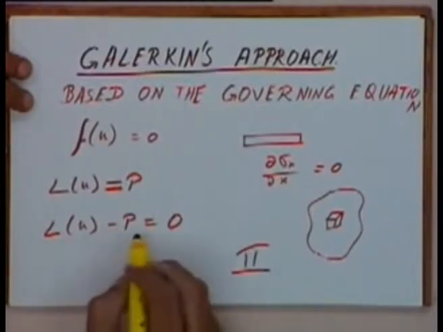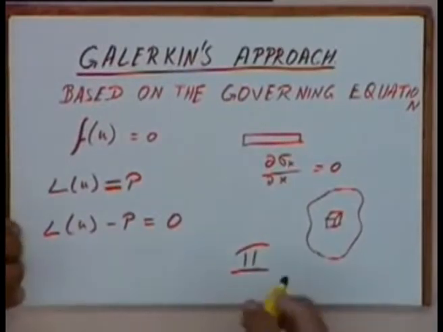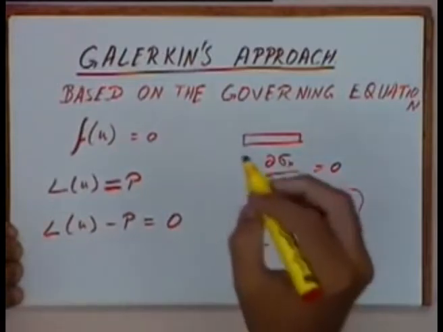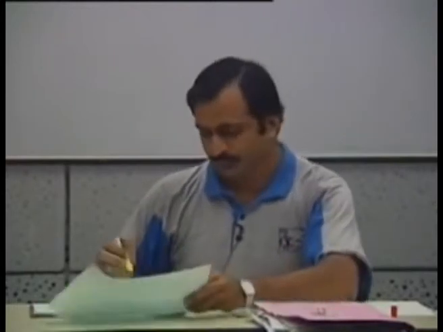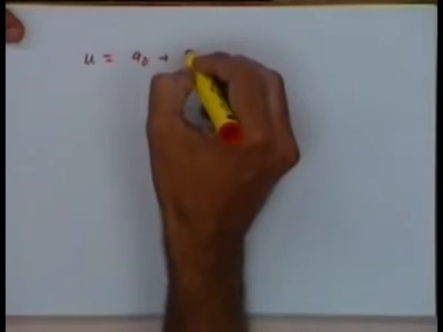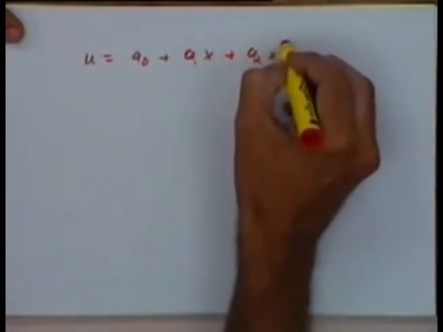So, if you have L of u minus P equal to 0, if you remember in the Rayleigh-Ritz method we had taken some estimate for u, specifically in the example we had said we will put u equal to a0 plus a1x plus a2x squared.